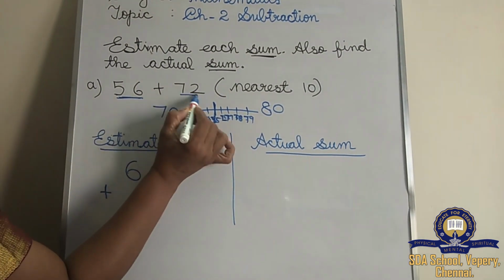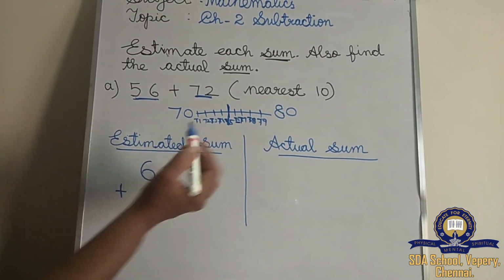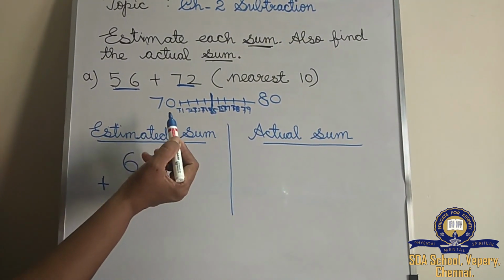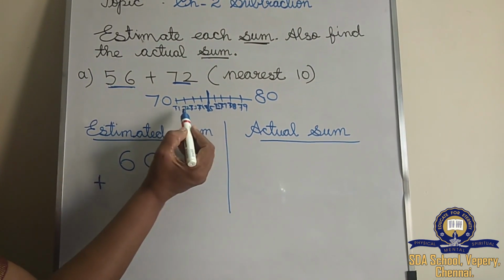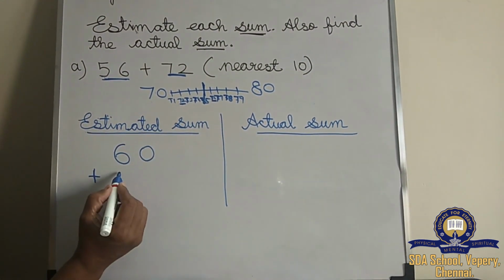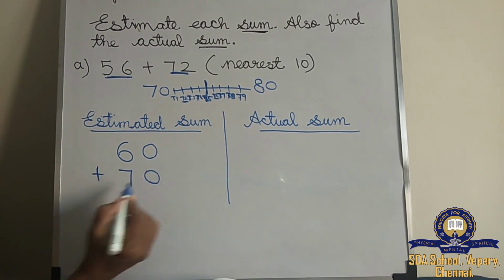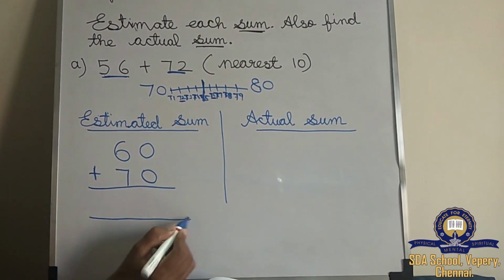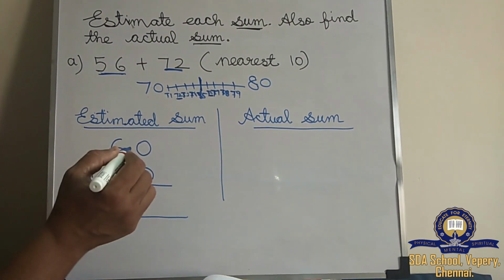So 72 comes below 75, isn't it? Here only 72 is there, so it's nearest to 70. So you have to write 70. Understood, children? You have learnt in 3rd standard also.